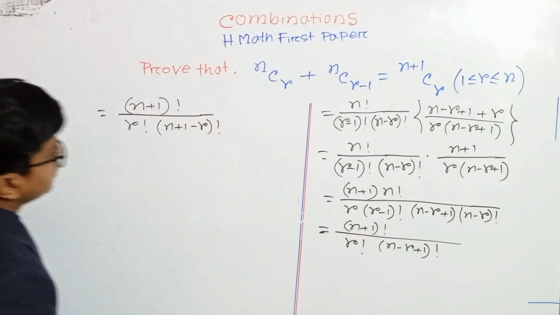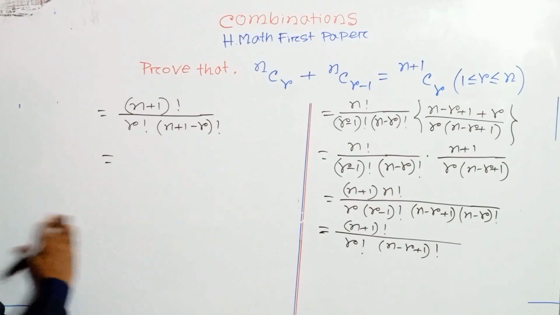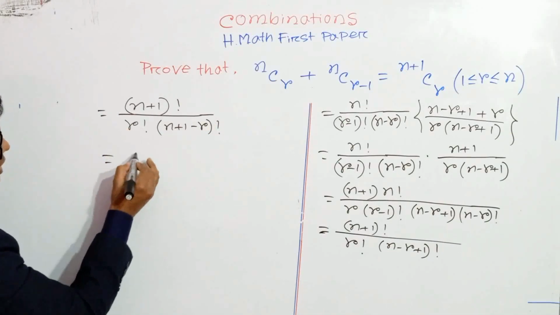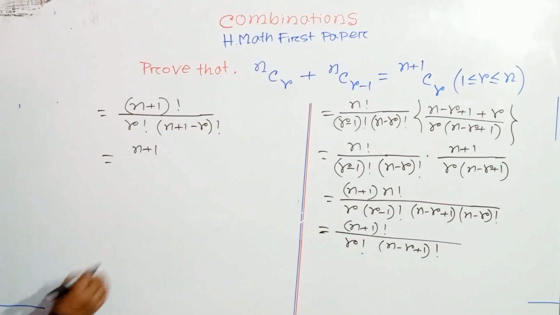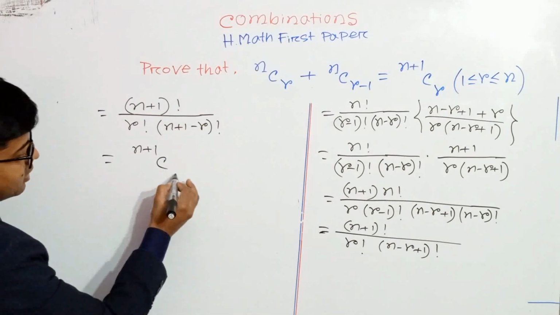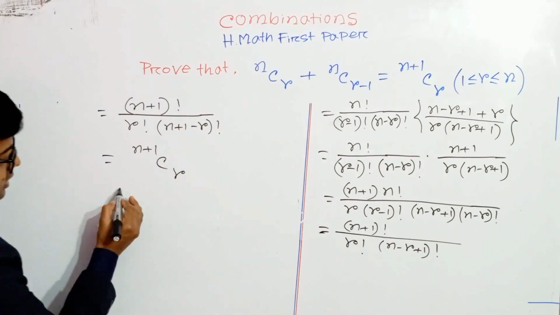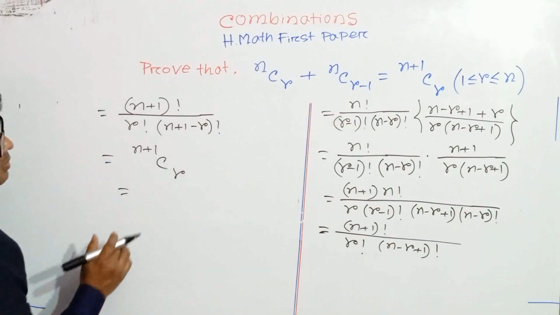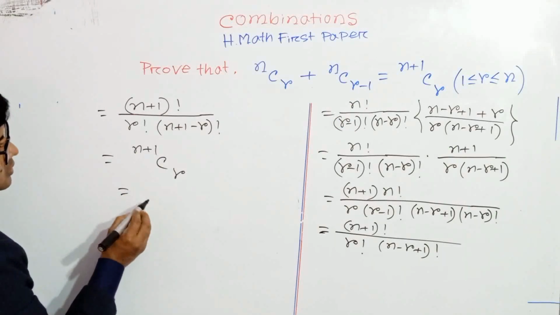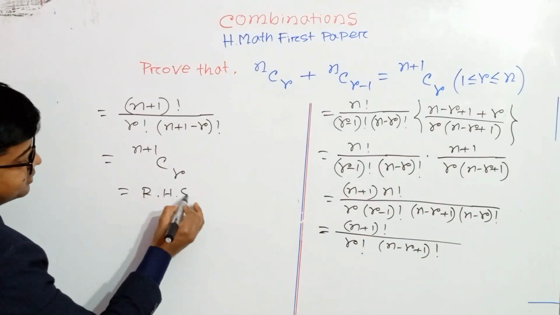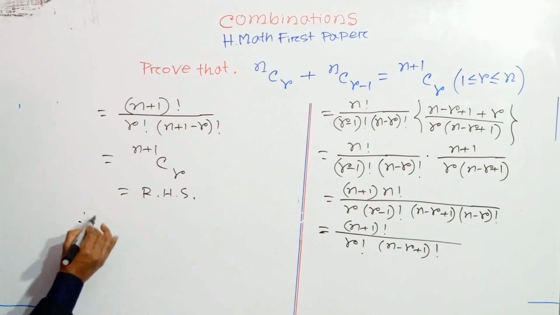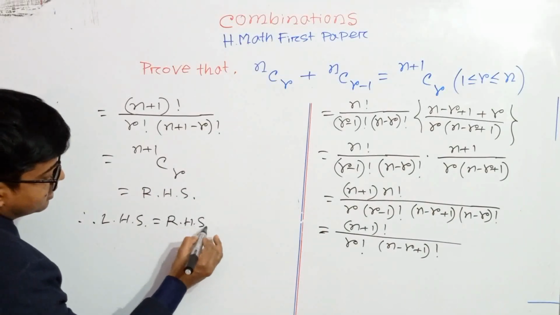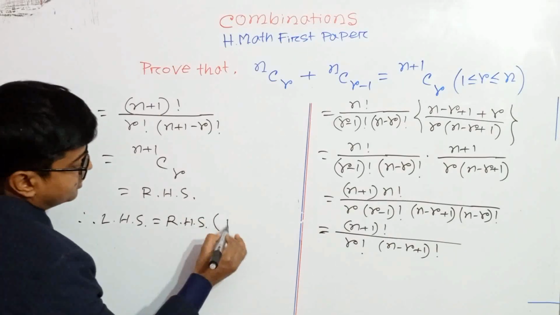So according to the formula of combination, our answer will be n plus 1 Cr, which is the right hand side of this mathematical problem. So left hand side equals right hand side. Proved.